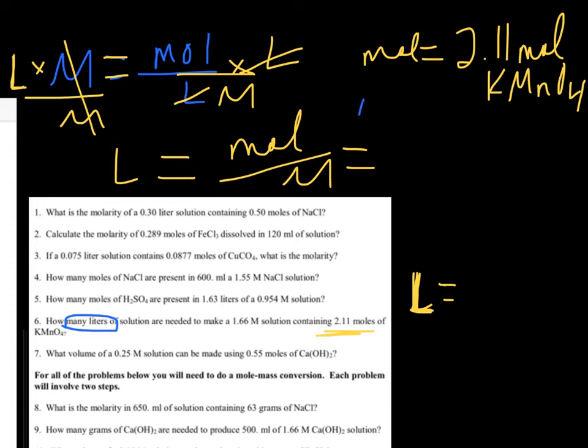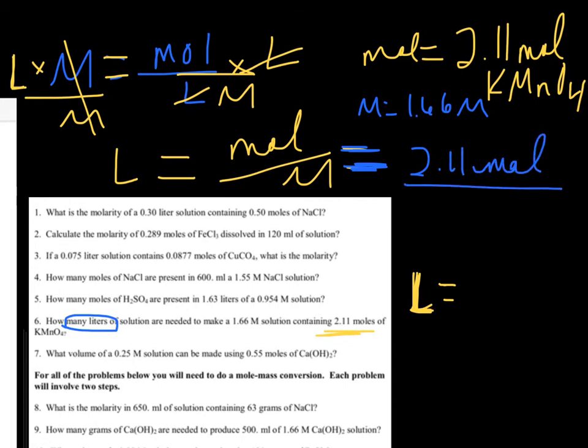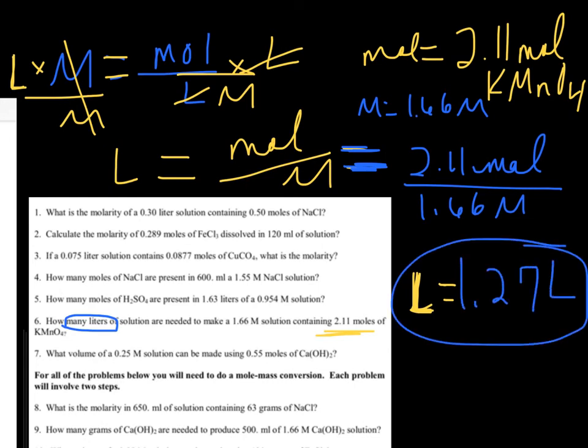Molarity equals 1.66 molar. So to plug all of that in, I have 2.11 moles divided by 1.66 molar. Plug that into your calculators, and you should get 1.27 liters as your volume.